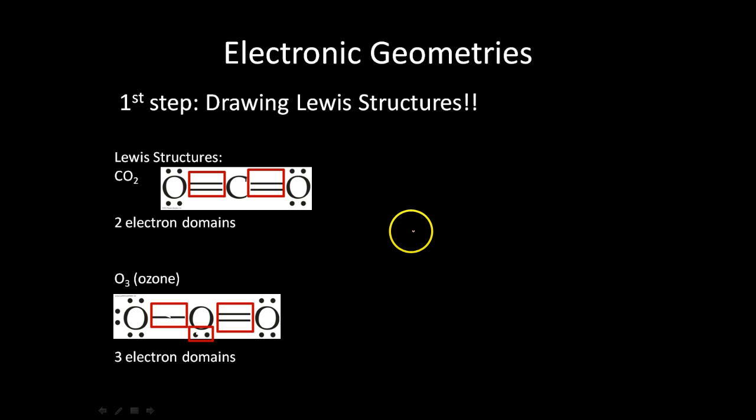And notice that when we talk about electron domains around any atom, we're talking about all of the bonding domains. So notice that this is one electron domain, even though it has 4 electrons written there. Down here, this is one electron domain, this is one electron domain, and this is one electron domain around this central atom.